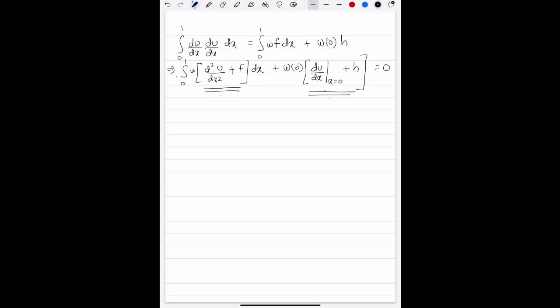To show that, let's now consider a special case of w of x. Now we know that this equation over here must be true for any function w of x.